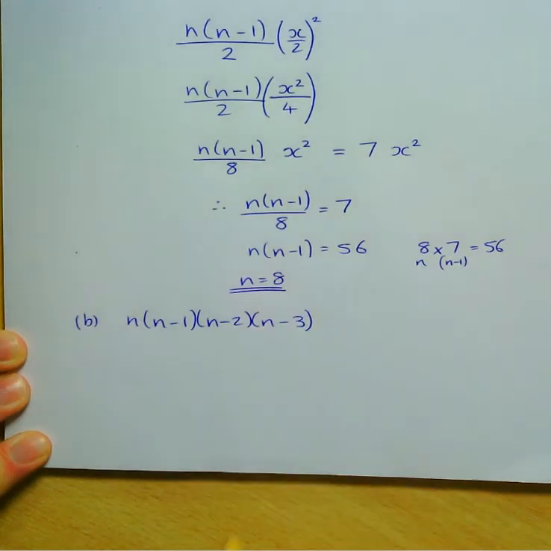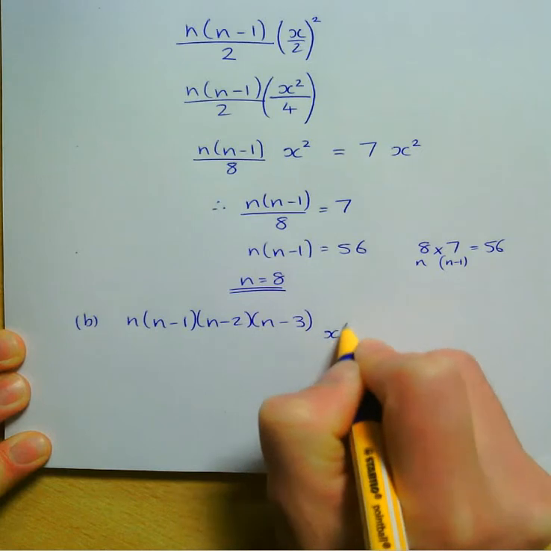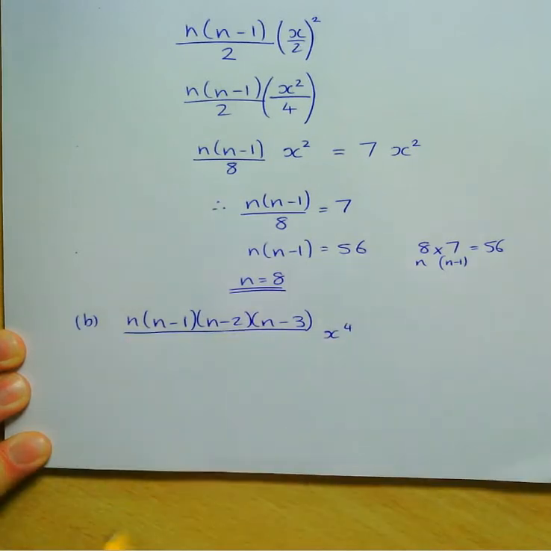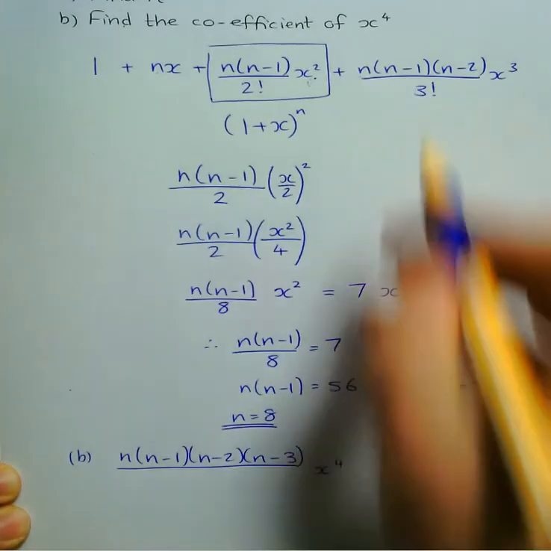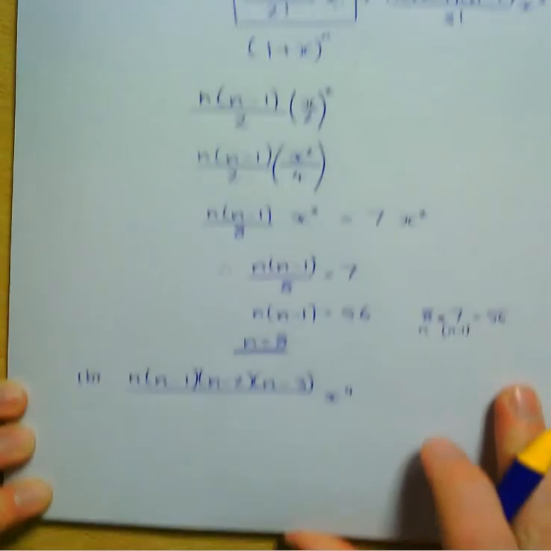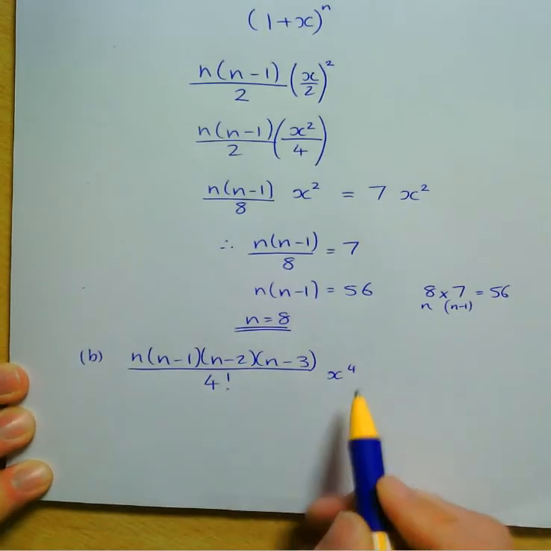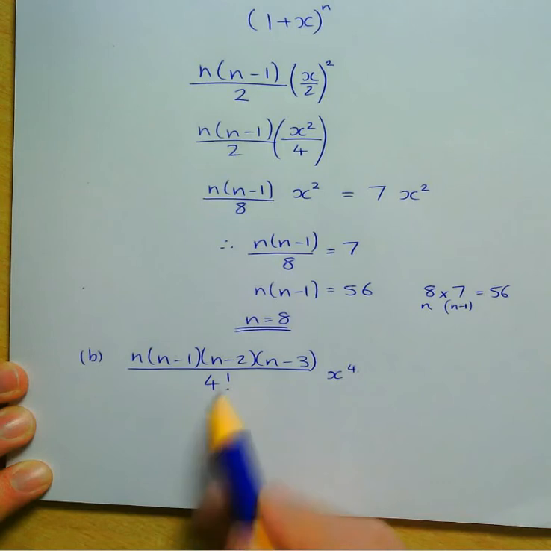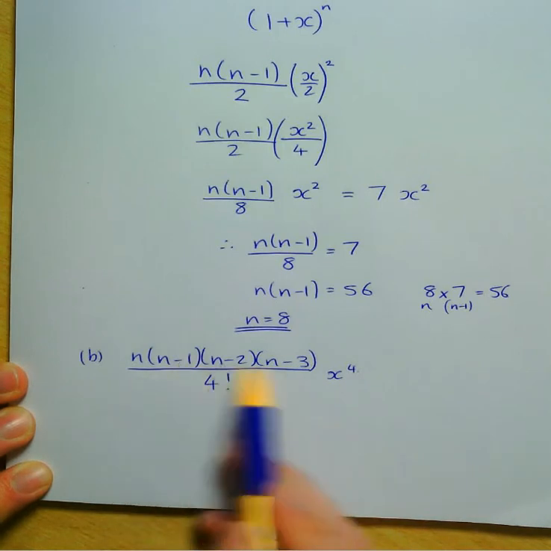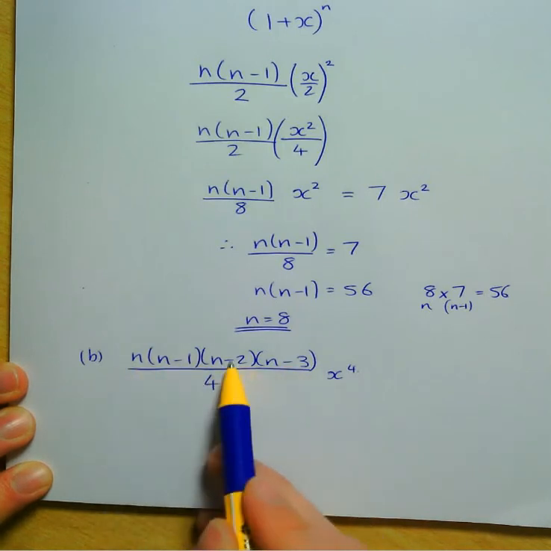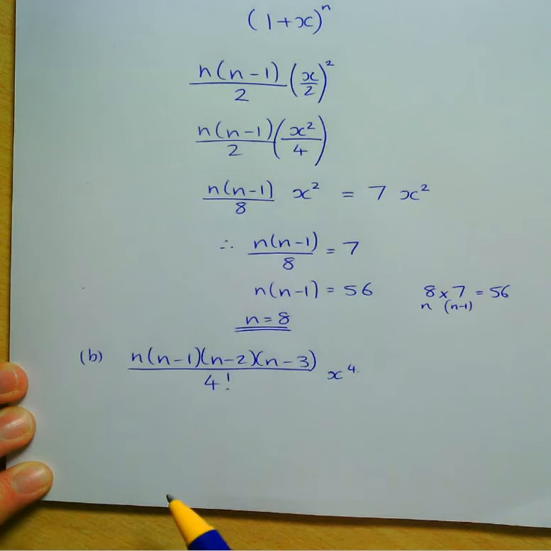The x to the 4 term, that would be our numerator if we continue this pattern along from up here. Okay. And we would have 4 factorial. Basically, easy way to remember it, whatever that power is, that's your factorial value. You're always going to have these 4 terms. That's it.